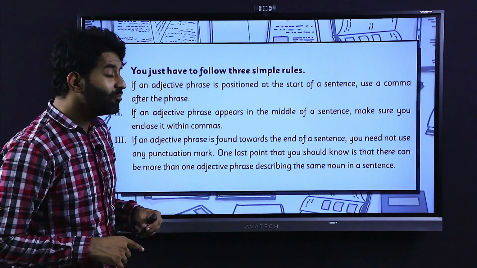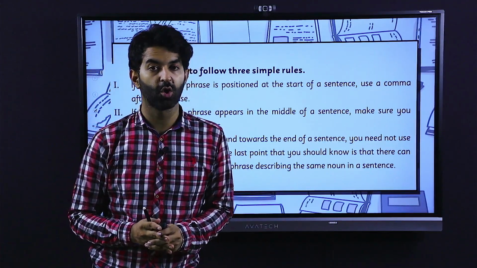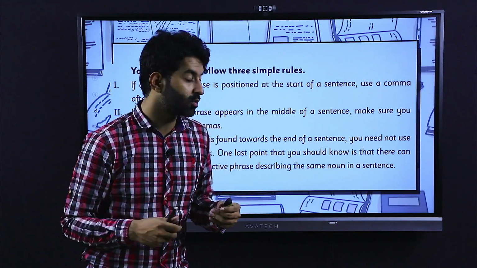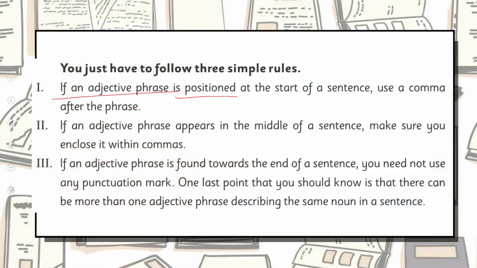So when we are writing adjectives in our sentences, you have to follow some rules. And let's see what those rules are. If an adjective phrase is positioned at the start of a sentence, you will use a comma after the phrase.